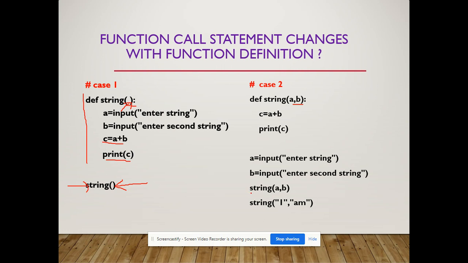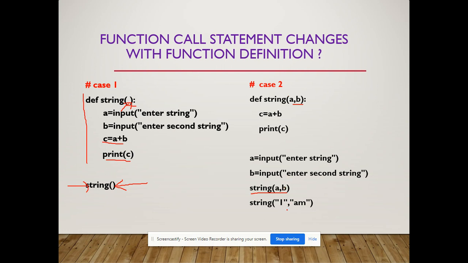See, where are the function call statements? Yes, here it is, right? So in this function call, you are supplying a, b values. What are these a, b values? A, b values are taken from the user. A is taken first, and then b is entered by the user, and these two are sent to call the function.